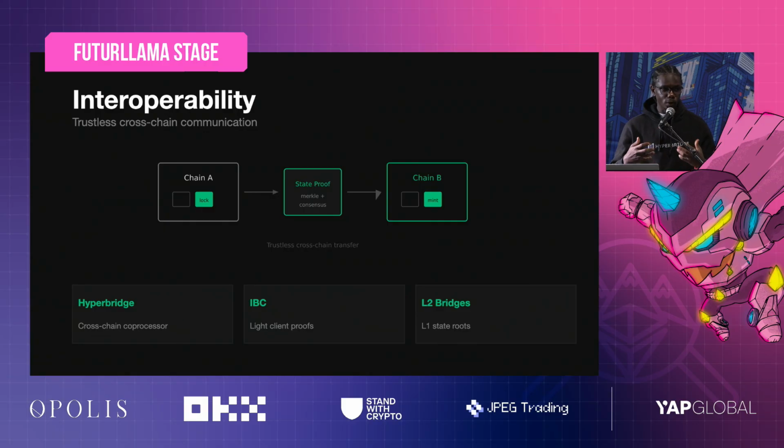And you also have L2 bridges. L2 bridges primarily work by having a state commitment that is posted to Ethereum. You can then prove things about that state root to exit assets from the L2, or to actually communicate between the L1 and L2.